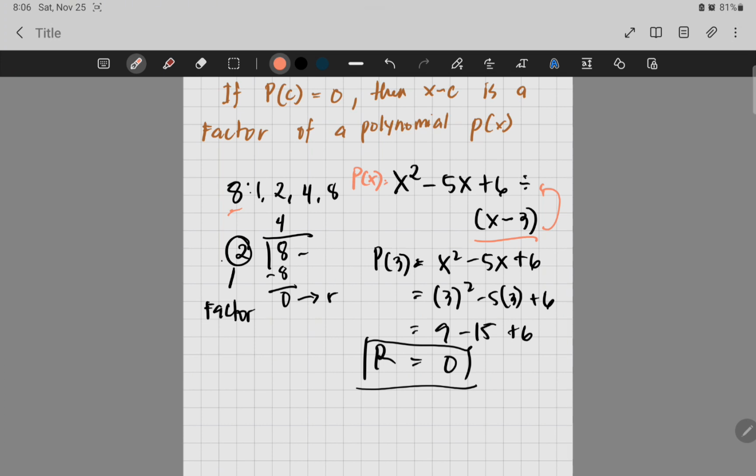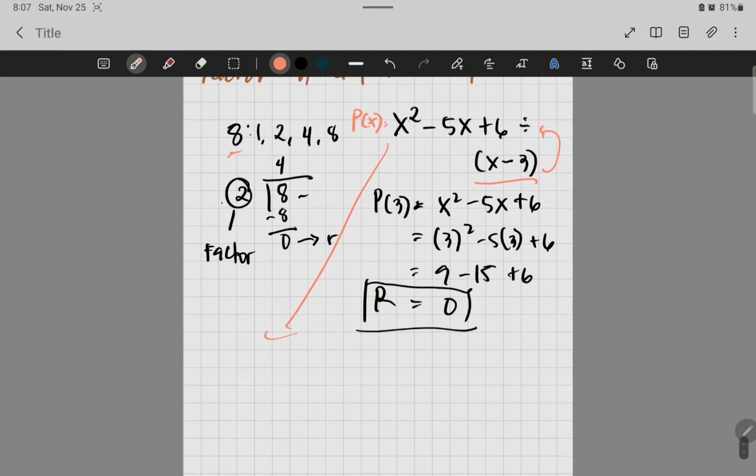So, if we are going to get the factors of x squared minus 5x plus 6, that can be factored as x times x for the x squared. And what are the factors of 6?